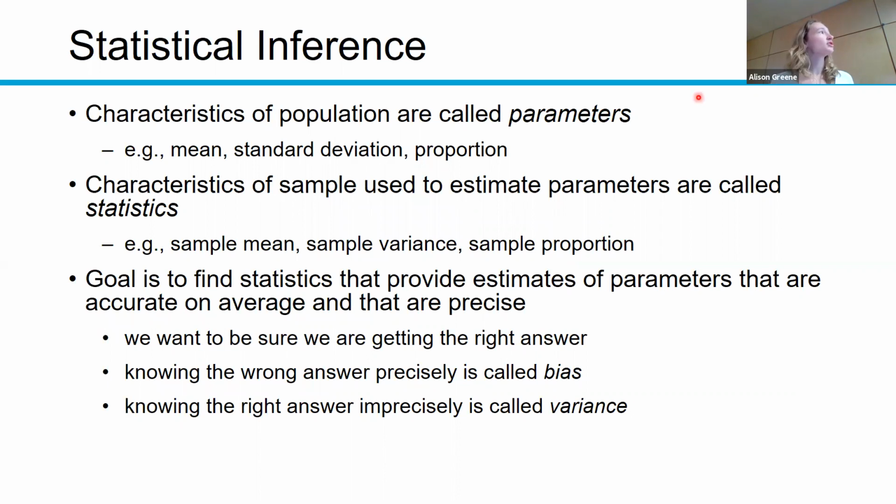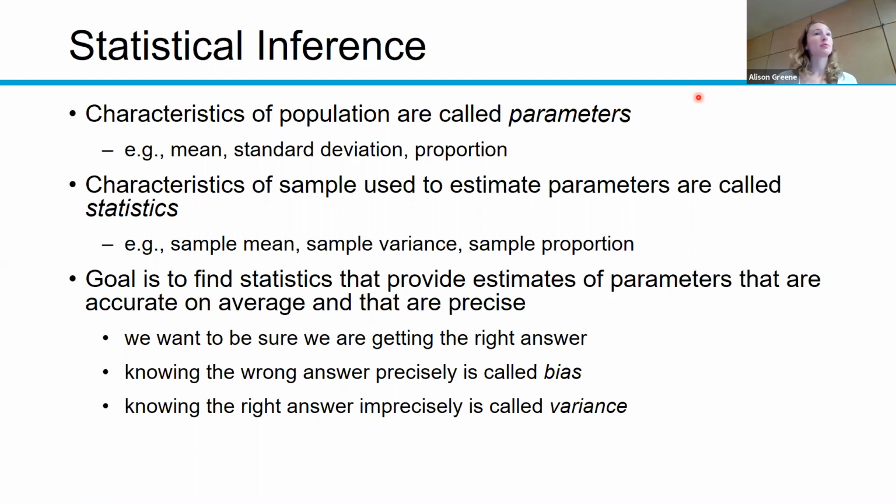So I've been using the words sample and true means a little bit. The characteristics of the population, if you were able to find the true mean, standard deviation, or proportion of something in the entire population, if you were able to sample everyone, you call those the parameters.